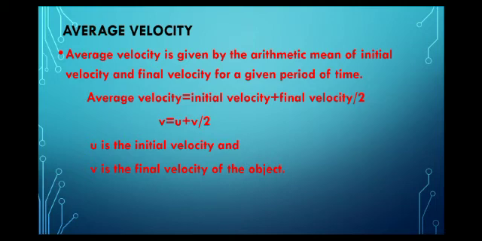That is, average velocity is equal to initial velocity plus final velocity divided by 2. Mathematically, average velocity is equal to u plus v divided by 2, where u is the initial velocity and v is the final velocity of the object.